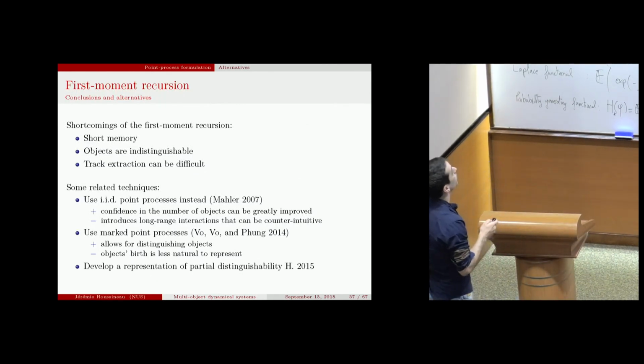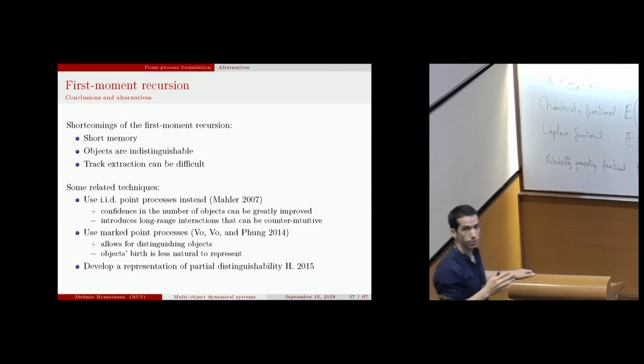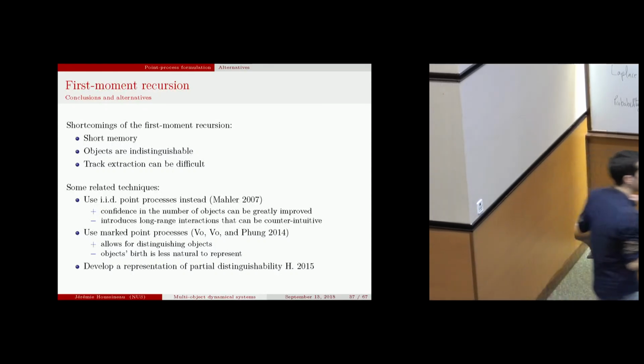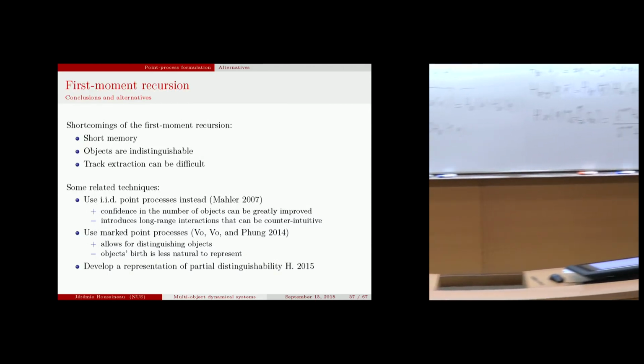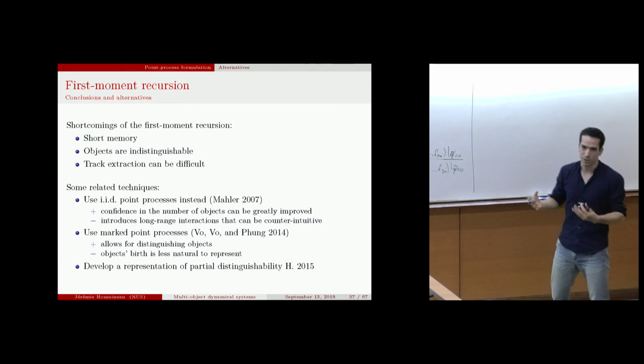Okay, so one of the main criticisms of this is that it has a short memory. I'm not going to write any equations. People find it very intuitive, but then they expect more than what it can give.